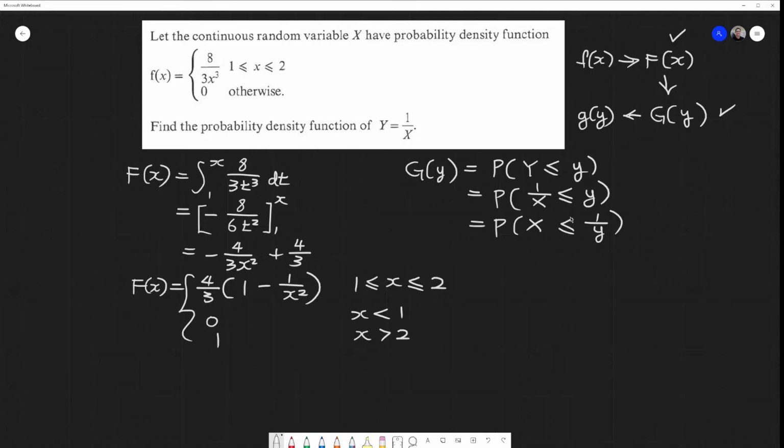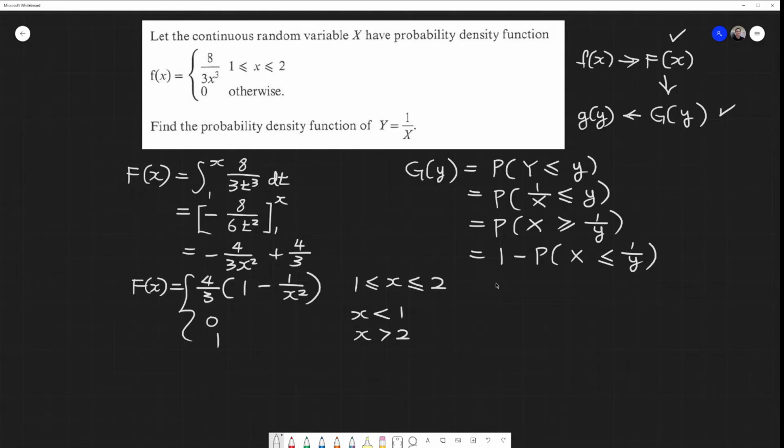But then this sign here should change. Whenever you do the reciprocal of an inequality, you should flip the sign. So think about why you have to flip it. So this is actually 1 minus P of X less than or equal to 1 over y.